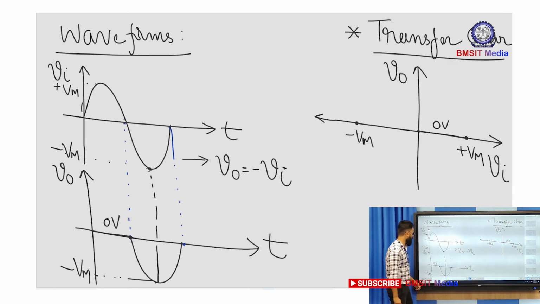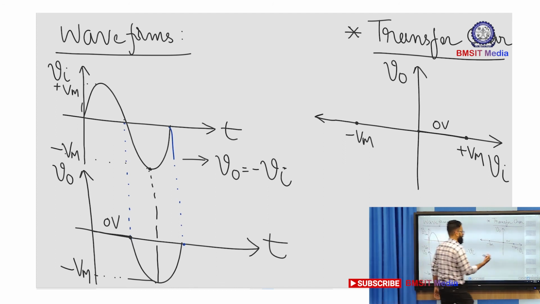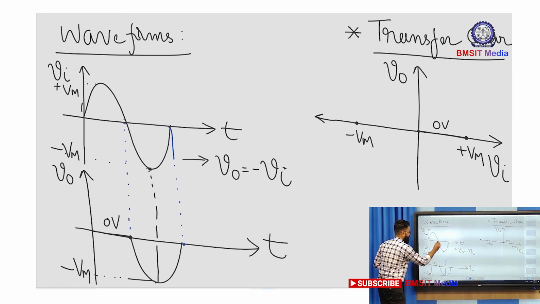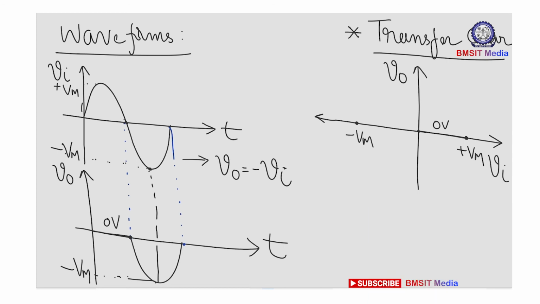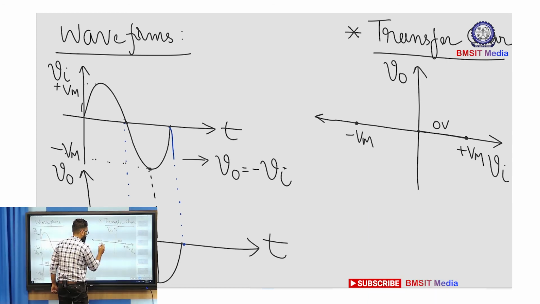Okay, on the other hand, for the negative half of the input, you are getting an output that follows the input, right? So when your input is 0, the output is 0. When your input attains the minus Vm value, the output will also attain the minus Vm value.